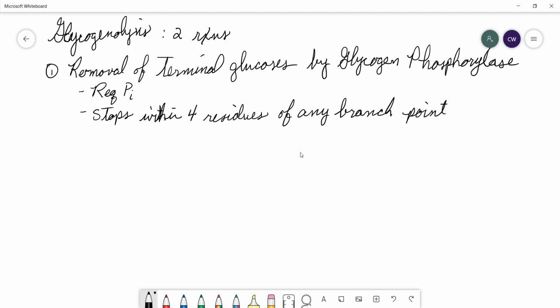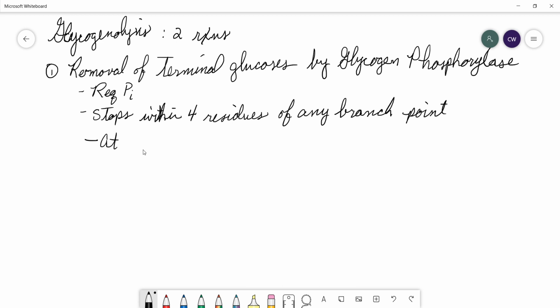Okay? So this enzyme chews glucose off of the end of our glycogen until it gets to a point where there's only 4 glucoses between it and a 1,6 branch point. At that point, this enzyme stops being able to degrade the glycogen any further.